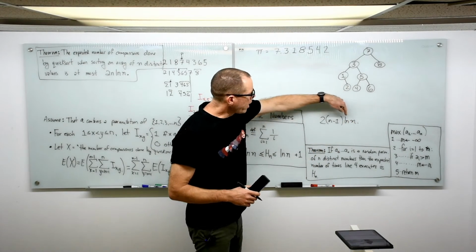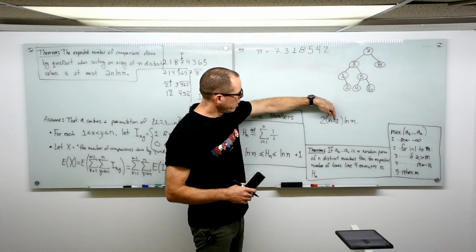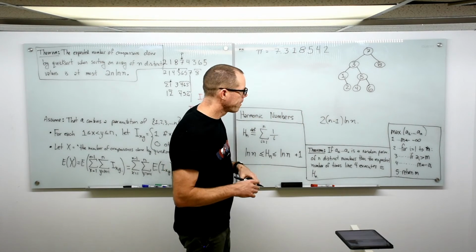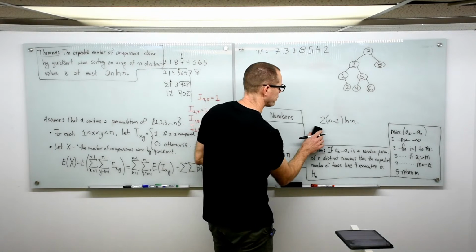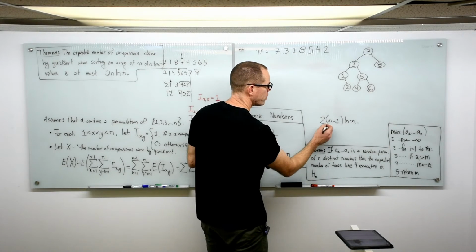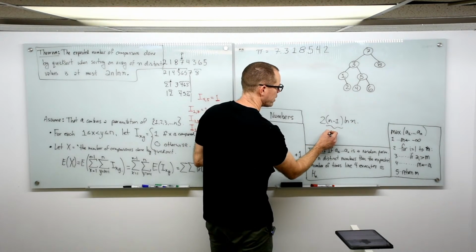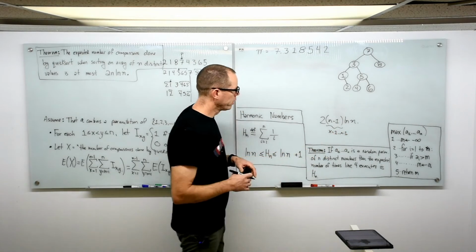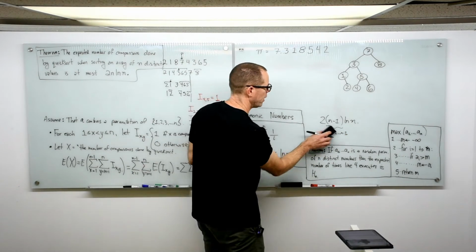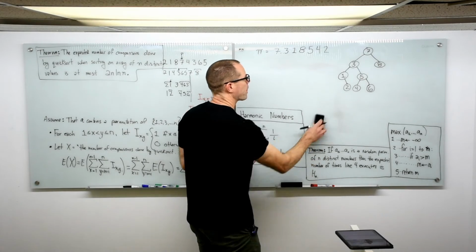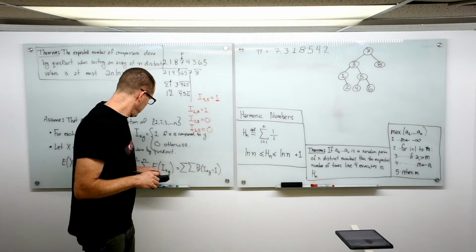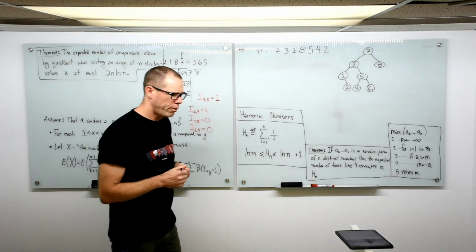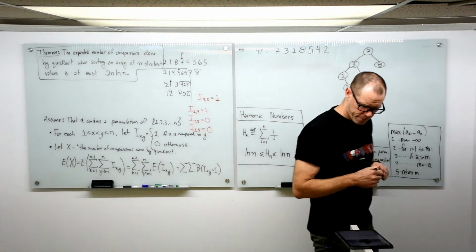So 2n ln n, and then there was this minus 1 here. So that's a -2 ln n. And where did n minus 1 come from? That came because x was going from 1 up to n minus 1 only. All right. So that's the definition of a random binary search tree.